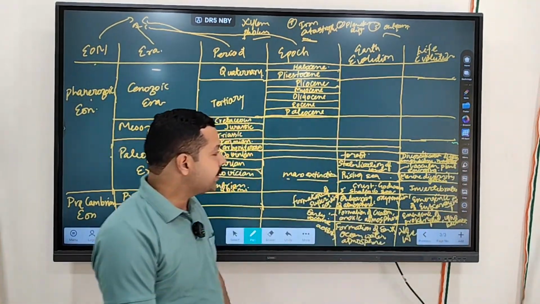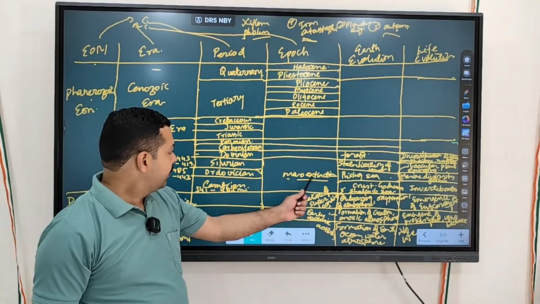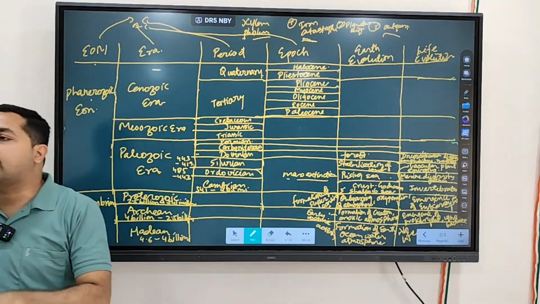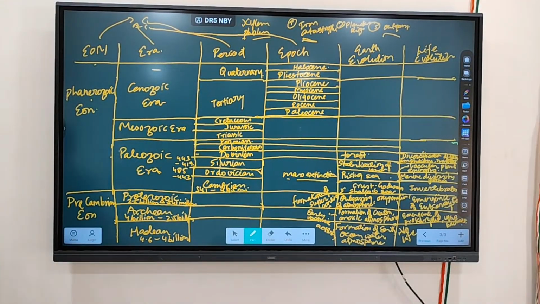The first mass extinction happened in the Ordovician, and then in the Devonian you find the second mass extinction happening.